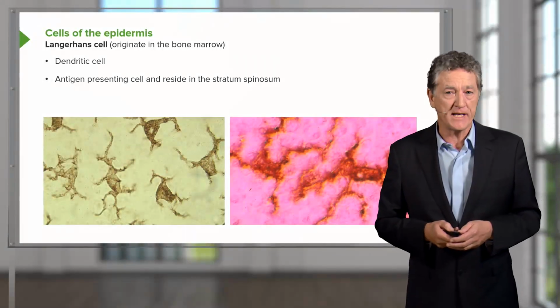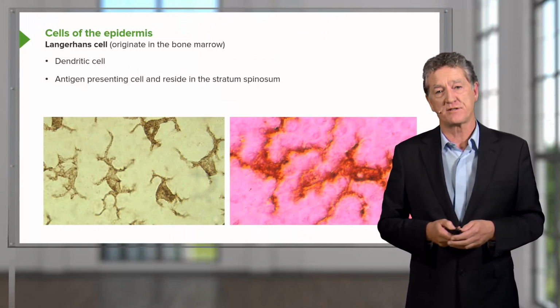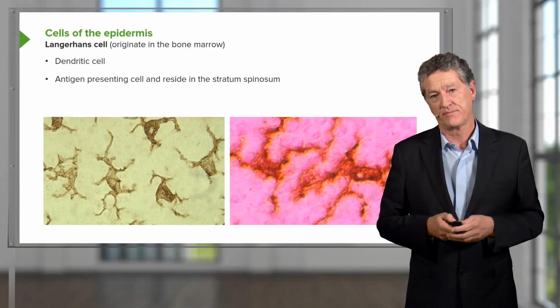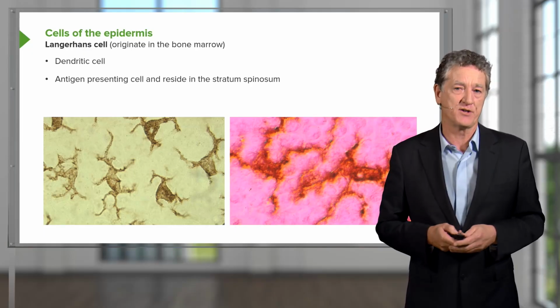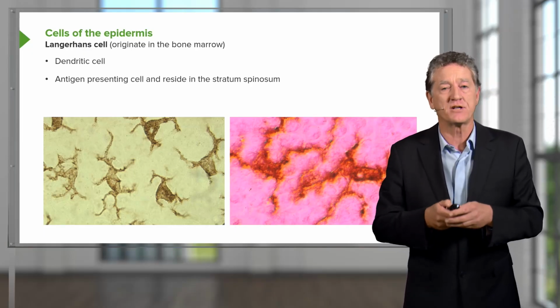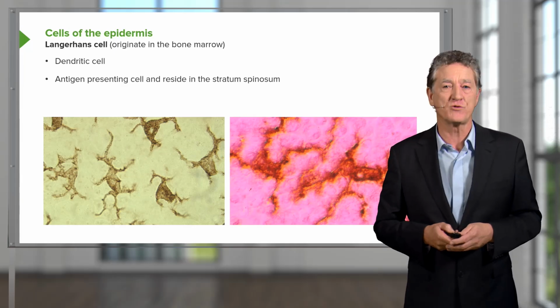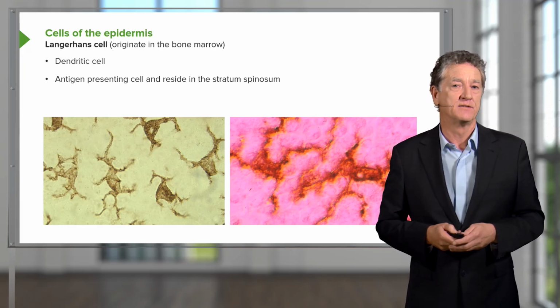And if you're an invading pathogen trying to get through the epidermis to underlying connective tissue and therefore the rest of the body, it's almost impossible to pass through that epidermis and not come into contact with one of these cell processes of these dendritic cells, these antigen-presenting cells.